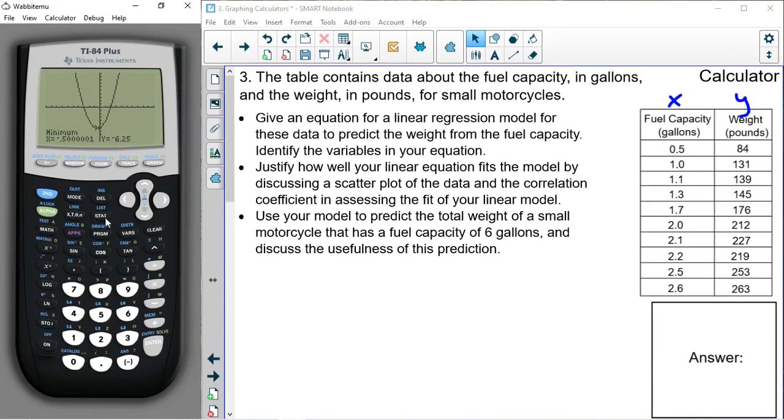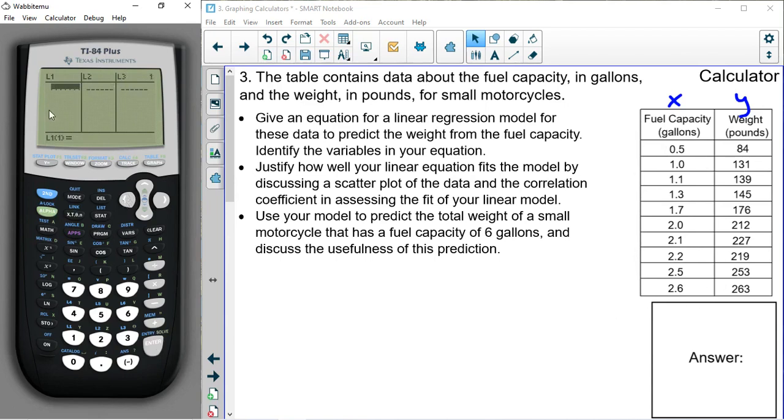And we're going to be using the stat menu here. So I'm going to hit stat and we're going to essentially enter this data that they're giving us. So the first thing we have to do is enter it into the calculator. I'm going to go to number 1 on the stat menu, which is edit. And then we've got L1, L2, L3. Basically, we've got these lists that we can enter these numbers into.